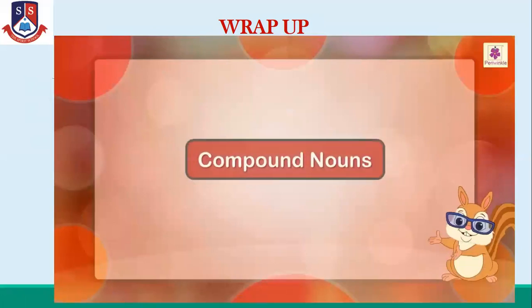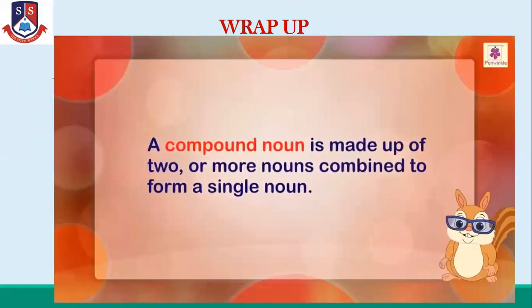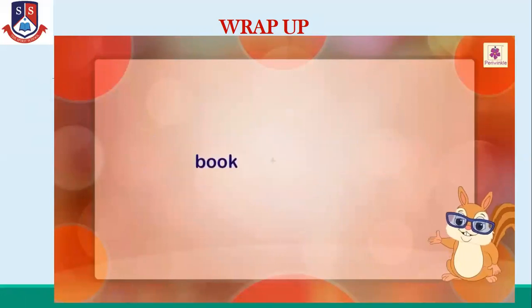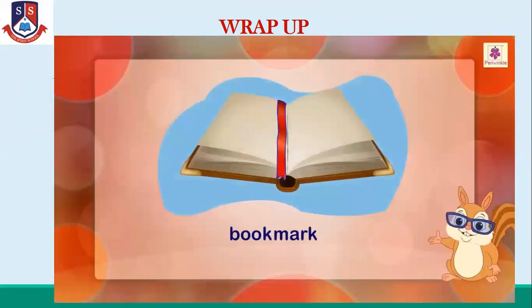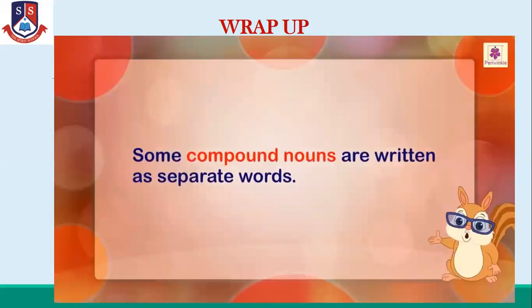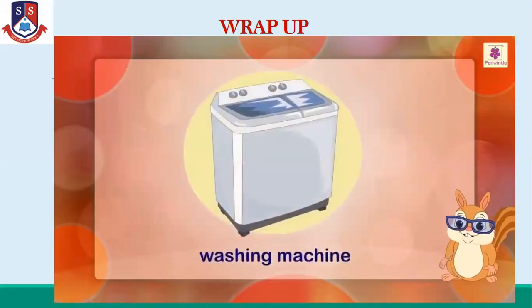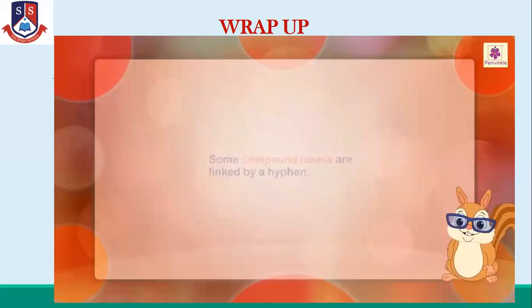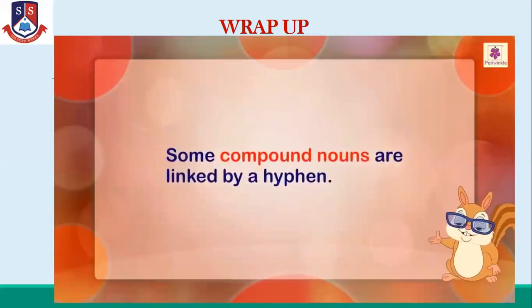Compound nouns. A compound noun is made up of two or more nouns combined to form a single noun. For example, book plus mark, bookmark. Some compound nouns are written as separate words. For example, washing machine. Some compound nouns are linked by a hyphen.